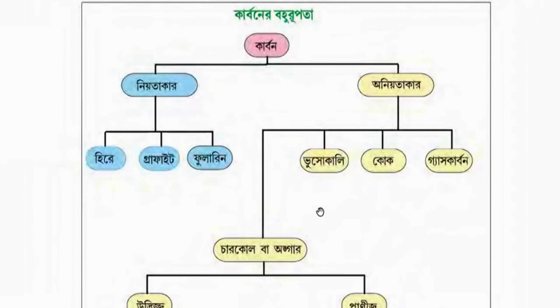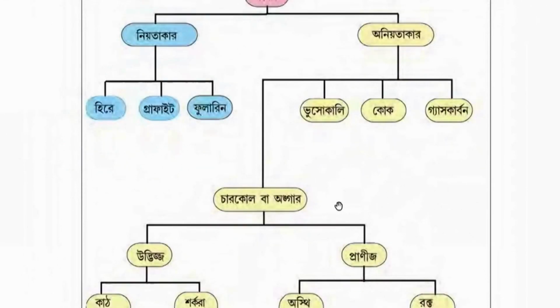After using the electric motor or electric drill for a long time, the gas carbon brush wears away, and it needs to be replaced. After replacing it, it gets back its functionality. In this way, these are the main uses of gas carbon and of all the allotropes of carbon.